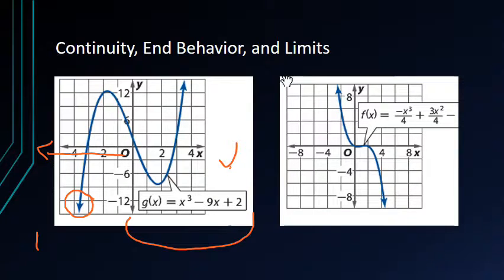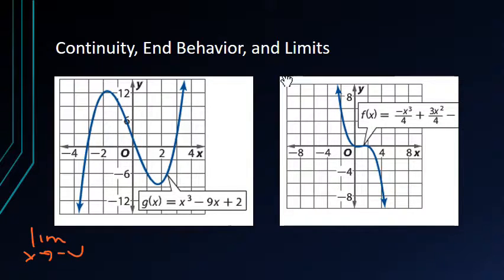And so I could then write the limit as x is approaching negative infinity, f of x is moving also towards negative infinity.